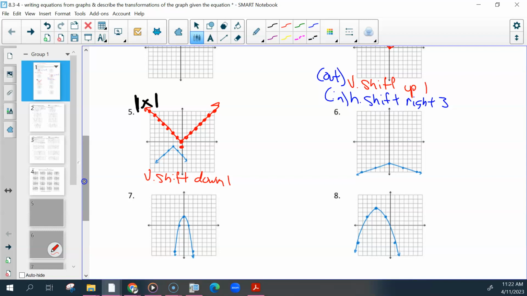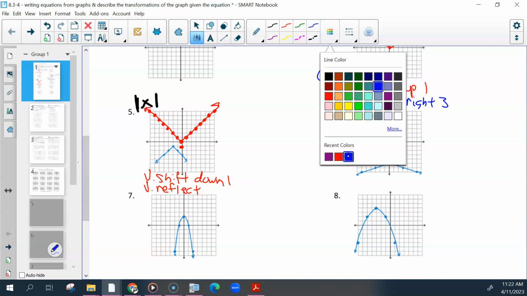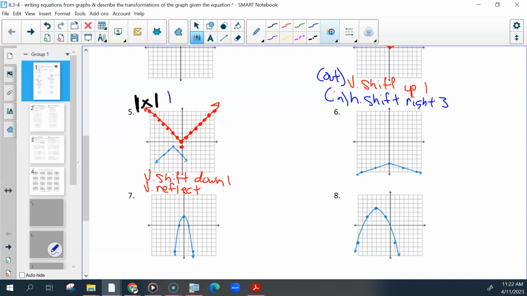So what else happened? That's a vertical reflection. So the fact that it is now facing down instead of up is your reflection. And then what else? The horizontal shift. I'm going to write that here. I'm running out of space.